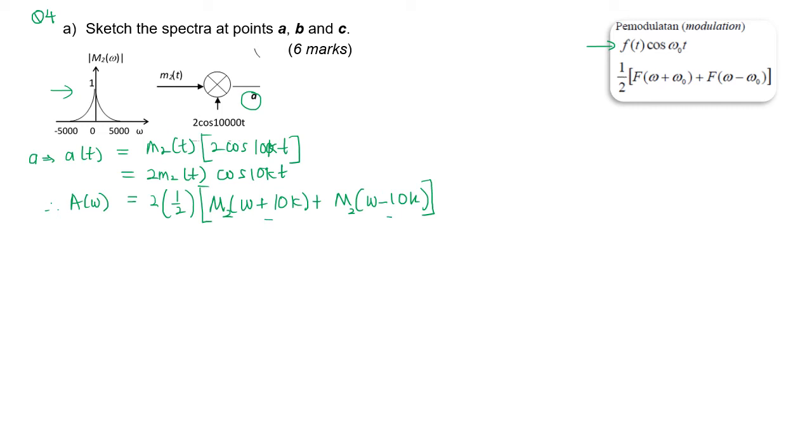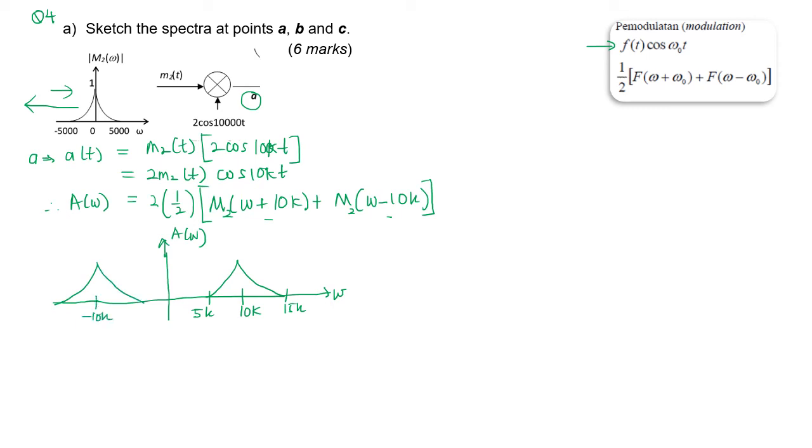So your A(omega) is centered at 10k, spanning 5k to 15k, and the other copy is shifted to the left by 10k as well, centered at negative 10k, spanning negative 15k to negative 5k.